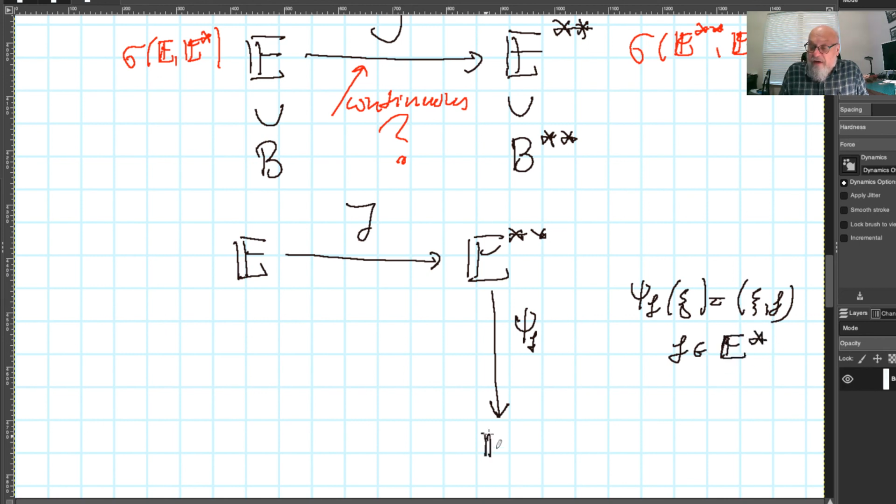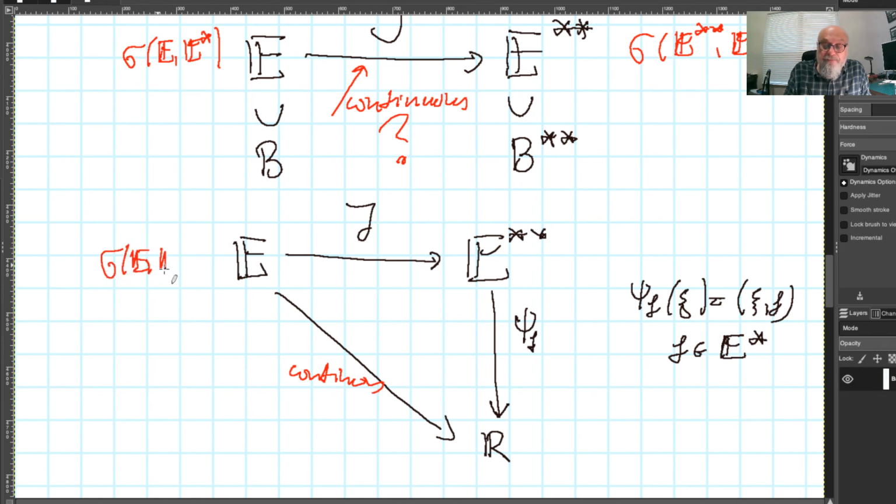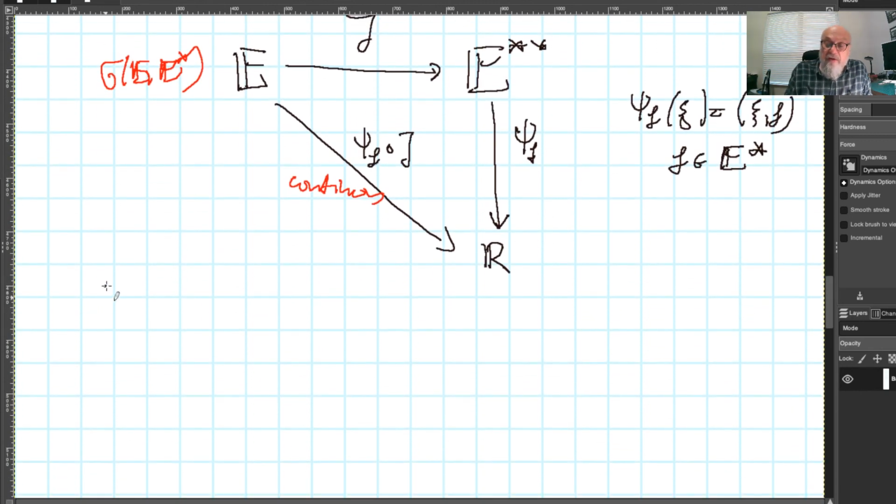So this goes to R. Now I need to take this composition and check if it is continuous with respect to this topology. Of course, you can imagine that this is nothing else than psi f composed with J. So let's evaluate it and check what it is.